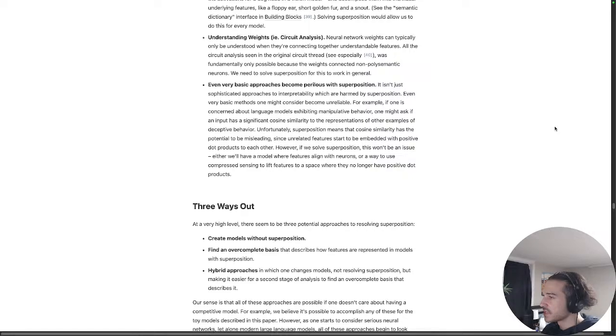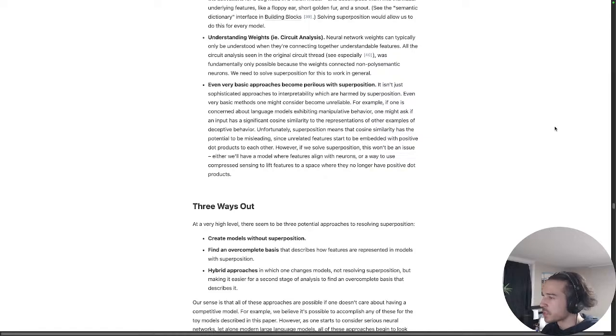It isn't just sophisticated approaches to interpretability which are harmed by superposition. Even very basic methods one might consider become unreliable. For example, if one is concerned about language models exhibiting manipulative behavior, one might ask if an input has a significant cosine similarity to the representations of other examples of deceptive behavior.